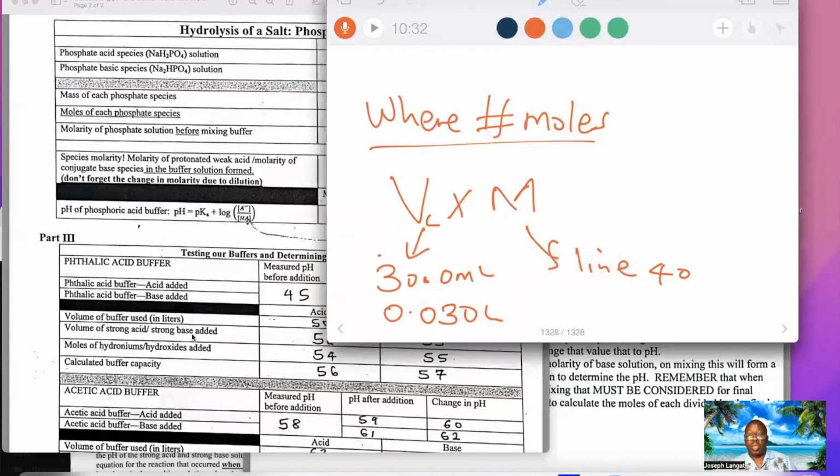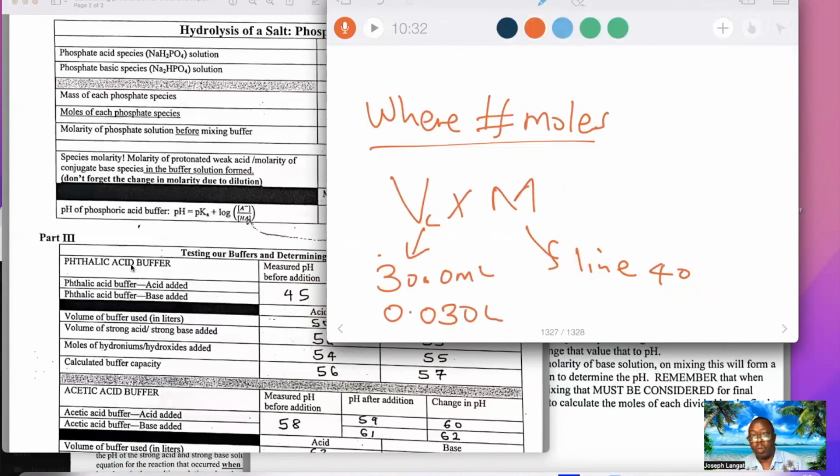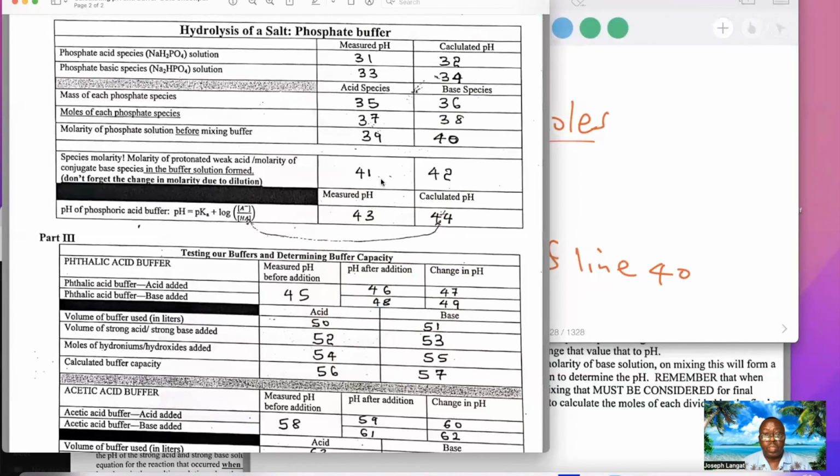So for line 42, the molarity of the conjugate base is given by the number of moles over the total volume, where the number of moles is right there. That's the number of moles used. Once you have line 42 and line 43, for the pH you have to read the measurement here.